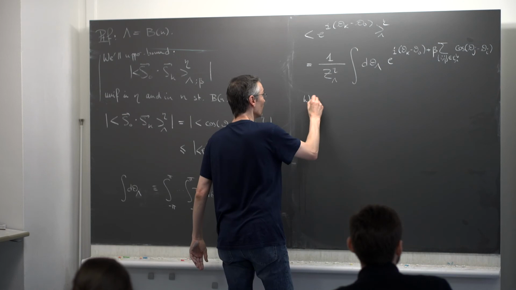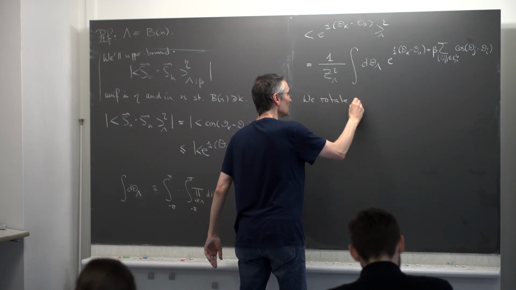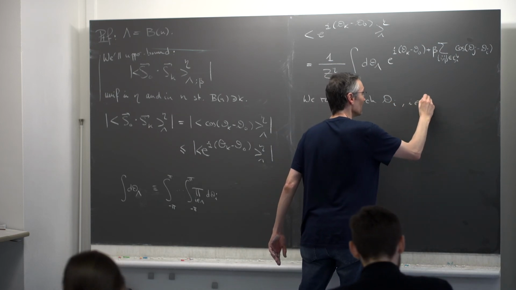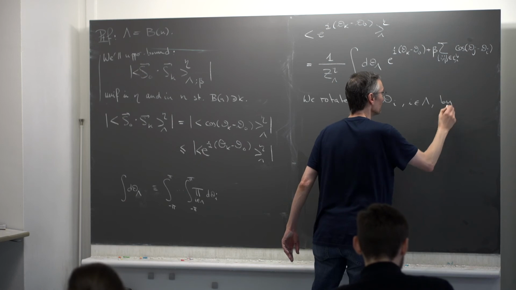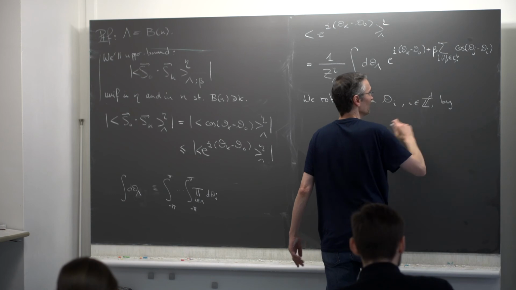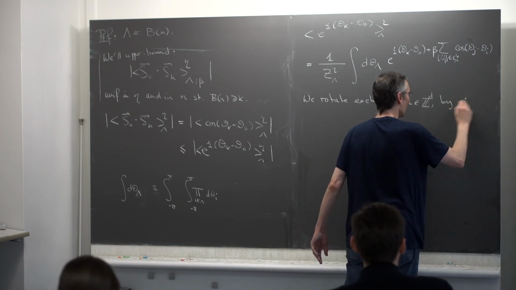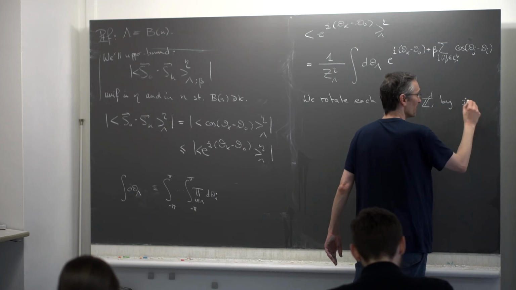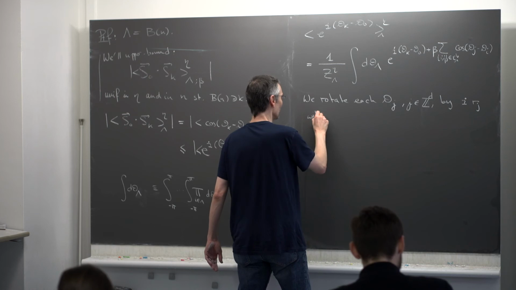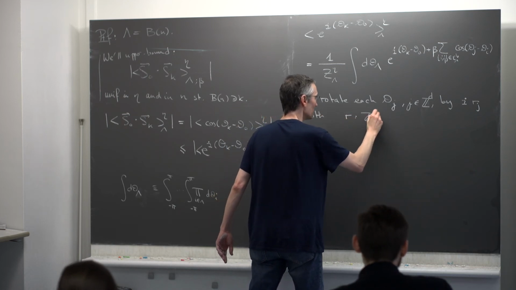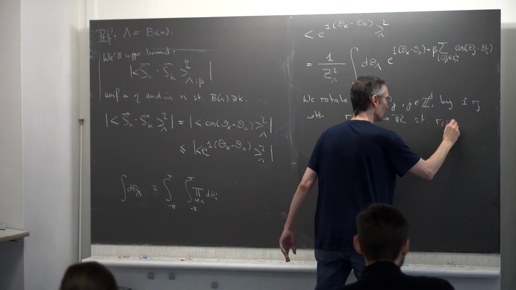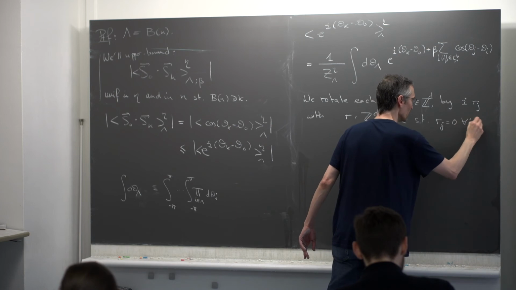So we rotate each theta j, for j in lambda, by i times Rj, with R a function from Z^d to the reals such that Rj is equal to 0 for all j not in lambda.